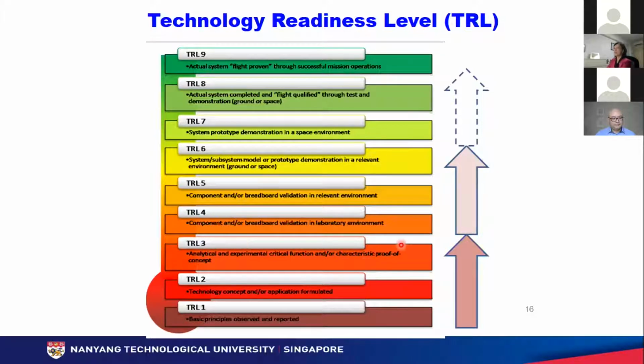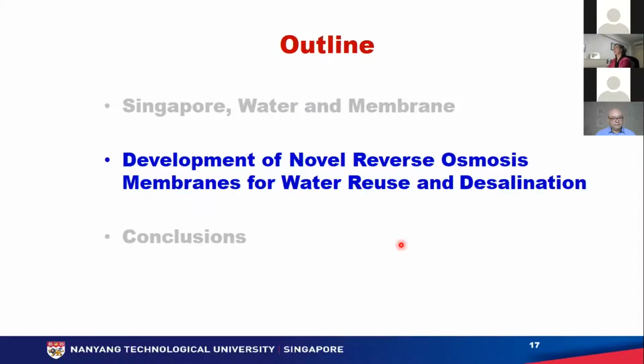Bear this in mind. Now, I would like to share with you what we have done to develop one type of reverse osmosis membrane technology. We started from the laboratory, went through the scale-up, and pushed for commercialization. That's nearly 12 years of effort for one type of project.